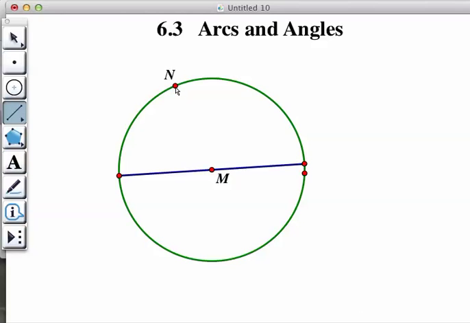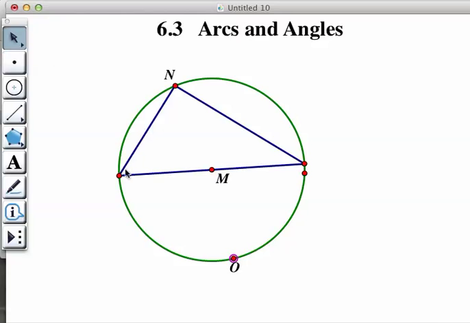Now what's going to happen if I put a point out here, and I make an inscribed angle from that point that leads to the endpoints of a diameter? Well, remember, when I create a diameter, I also create two arcs. They're two special arcs.